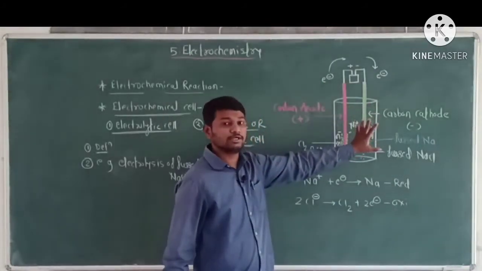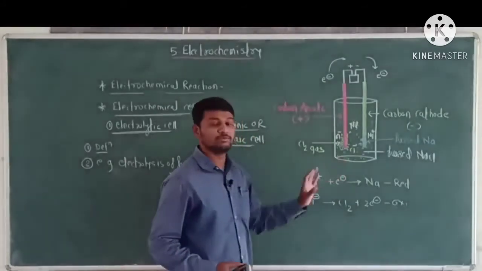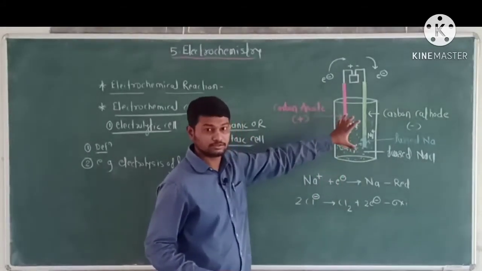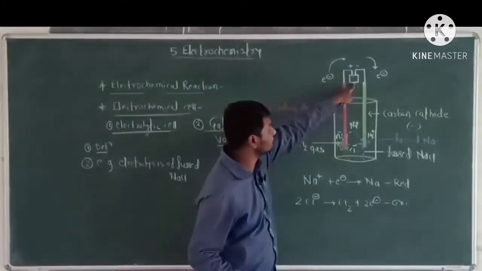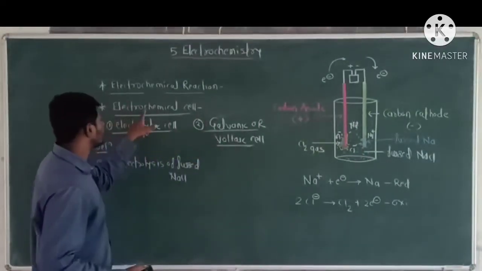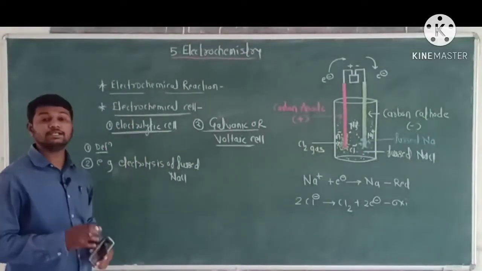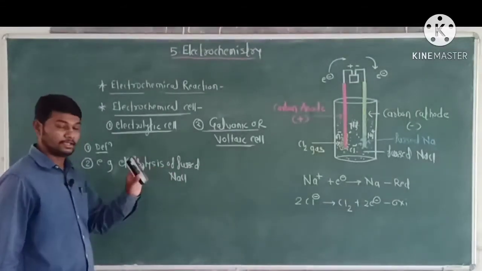In this electrochemical cell, the non-spontaneous chemical reaction occurs due to the transfer of current from an external source into the solution. Therefore, such a type of electrochemical cell is called an electrolytic cell. For example, electrolysis of fused or molten NaCl.